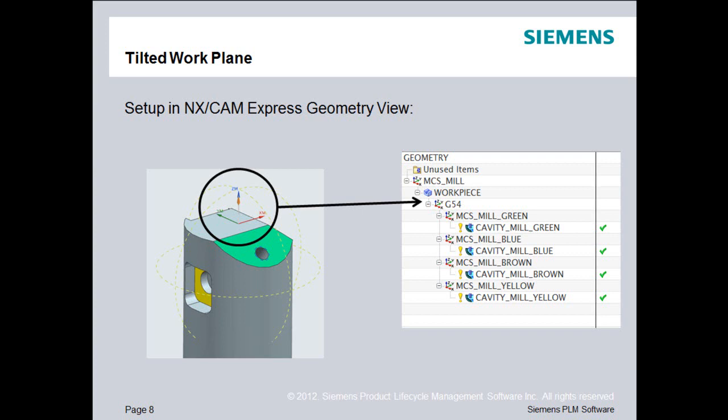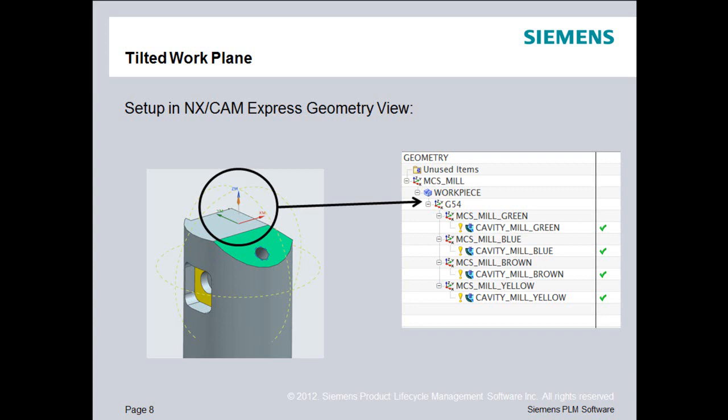Actually, the machine home is probably the best description. So we start out with an MCS mill that is actually at the machine home. Then we have a secondary MCS that is on the part. We're going to call that our G54 in this case, but it could be just a work offset.